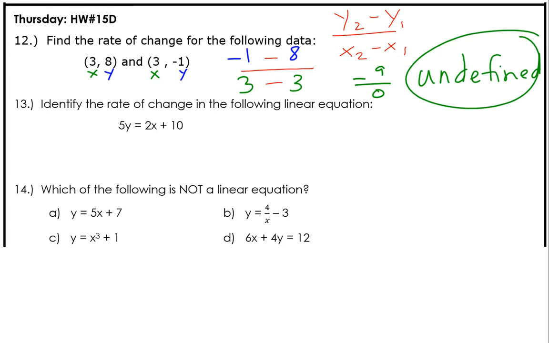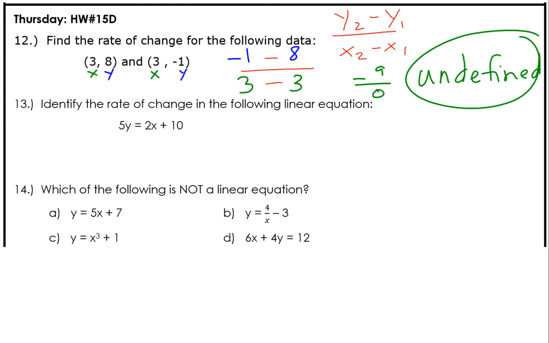All right, question number 13. Identify the rate of change. Well, the rate of change is the value in the m position, right? The coefficient of x. But that only works if you are written in y equals mx plus b form. And number 13 is not. And that's because y is not alone. Right? See that? Y has a coefficient.